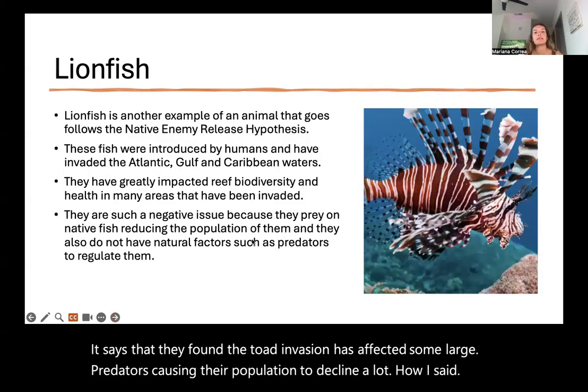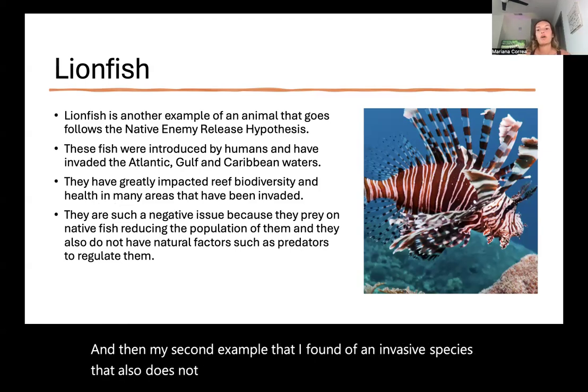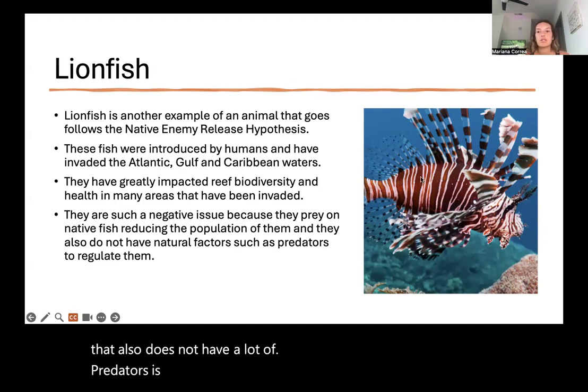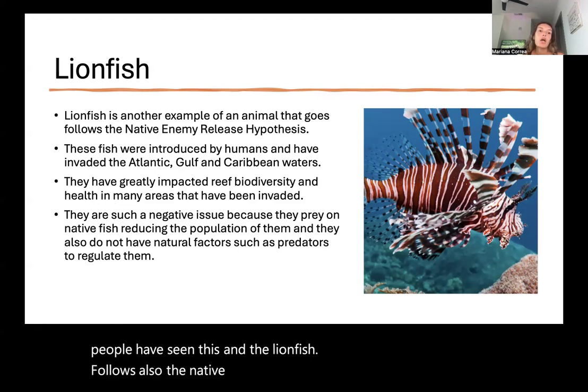My second example of an invasive species that also does not have a lot of predators is the lionfish, which is this one. I'm sure a lot of people have seen this. The lionfish also follows the natural enemy release hypothesis.